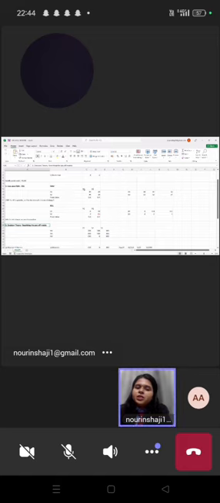Here we should calculate x1 into p1 plus x2 into p2. Here x1 and x2 are seen from this matrix and p1 and p2 are seen as these probability values. So S1 is 30 and 30, and 20 and S2 is 35 and 30.